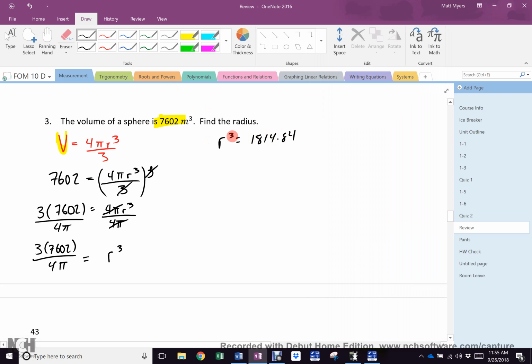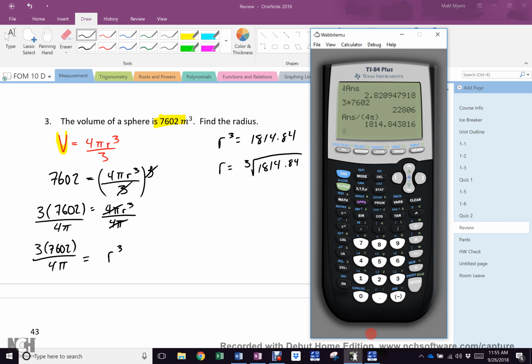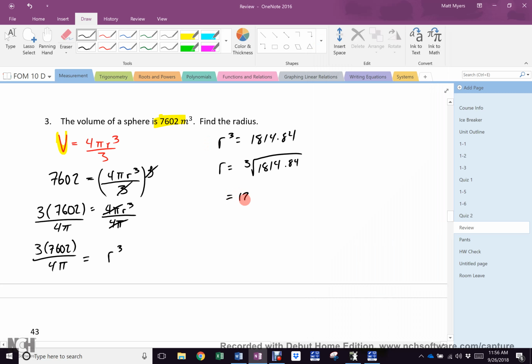Now, since it's cubed, I must need the cubed root instead of a square root. Many of you probably haven't seen that, and you won't know how to do it on your calculator. For me, it's a real pain. Cube root, and since it's that answer, I can use my answer key to get 12.19, which is 12.2.